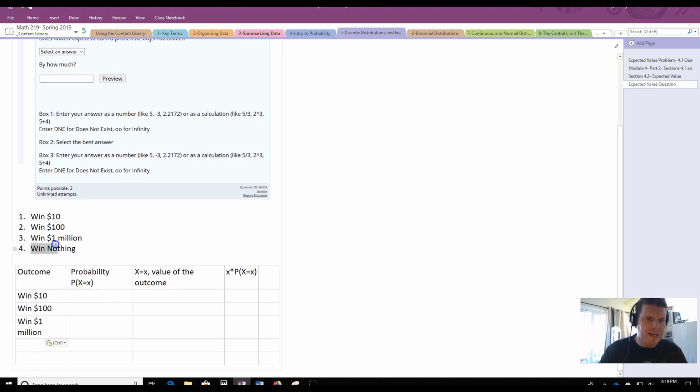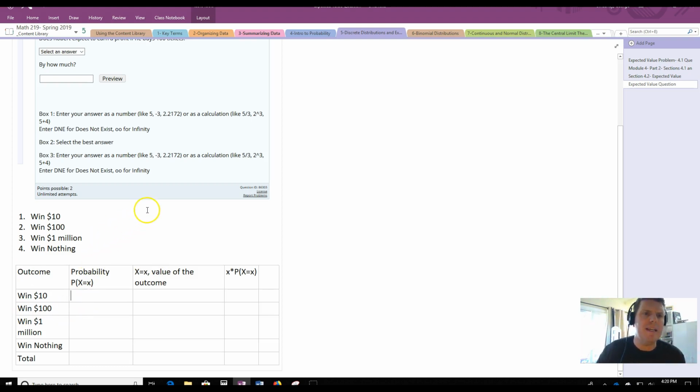The fourth one is win nothing. And this final one here is the total. All right, so now I have all of my outcomes. It's always about setup. We always want to think, okay, set this up first. What are the things? How are we going to set it up? And then it's basically utilizing the information in order to fill out this table.